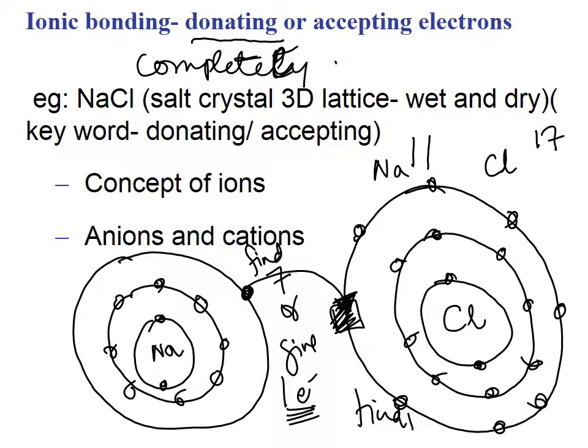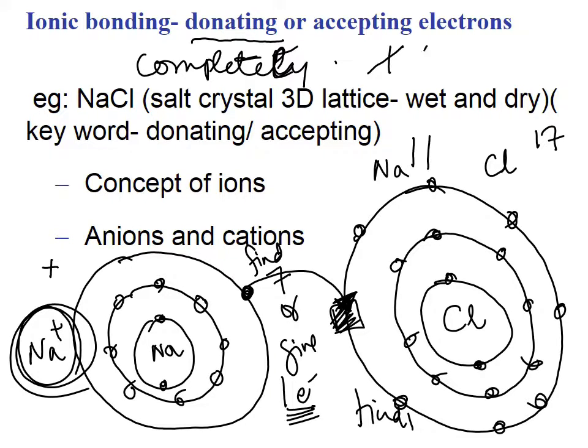It has more positive charges than the number of electrons. So this sodium now is positively charged. It's no longer an atom. It is an ion because it is a charged atom.